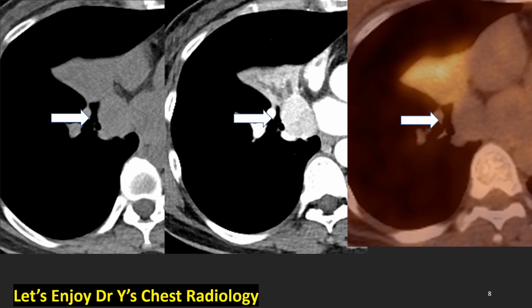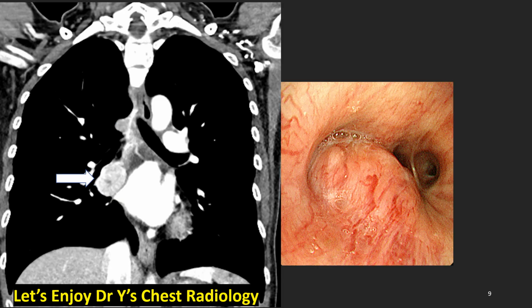And the last, PET-CT shows almost no FDG uptake, no glucose metabolism of the tumor. Coronal CT shows the strong enhancement of the mass after contrast infusion. And on your right side, the bronchoscopic finding shows an endobronchial mass obstructing the right middle bronchus.